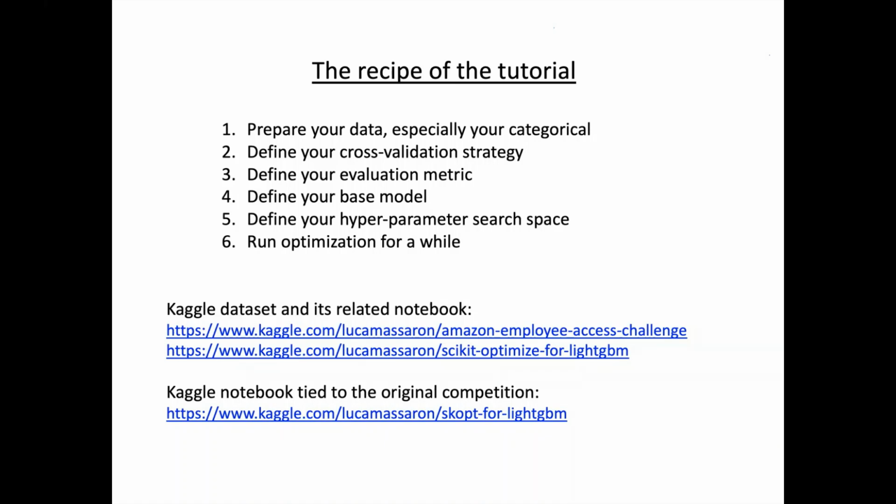So the hyperparameters you are going to test and what ranges of values you're going to test. And finally, you just run the optimization for a while, that is, you invest some time and computational energy to find a very good solution for it.